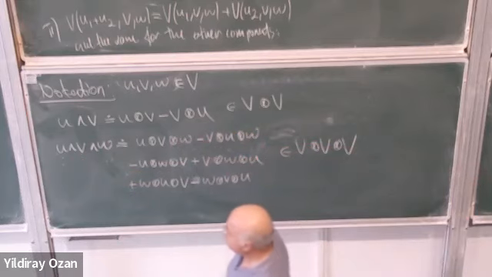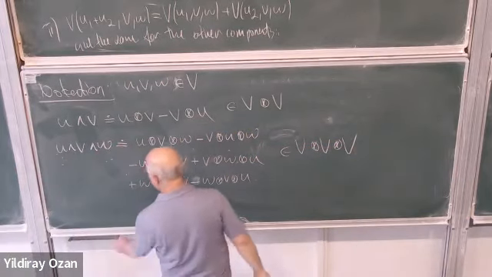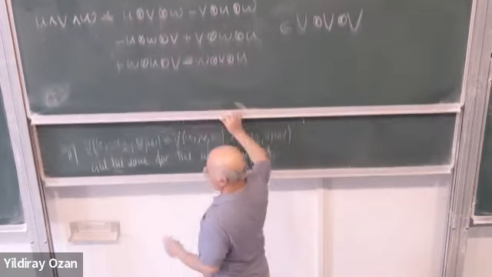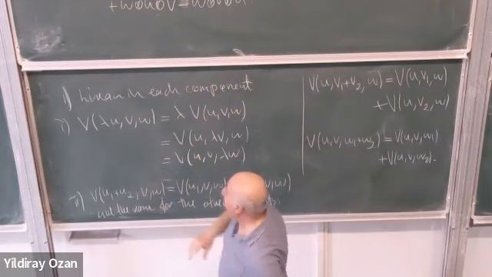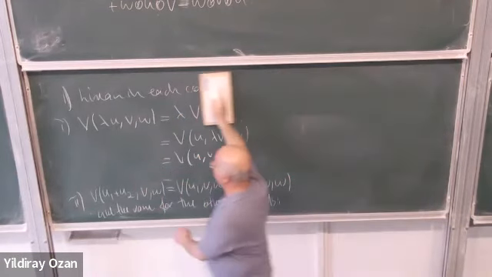So if you just compare these two, hence we can write our area and volume functions in terms of wedge products.